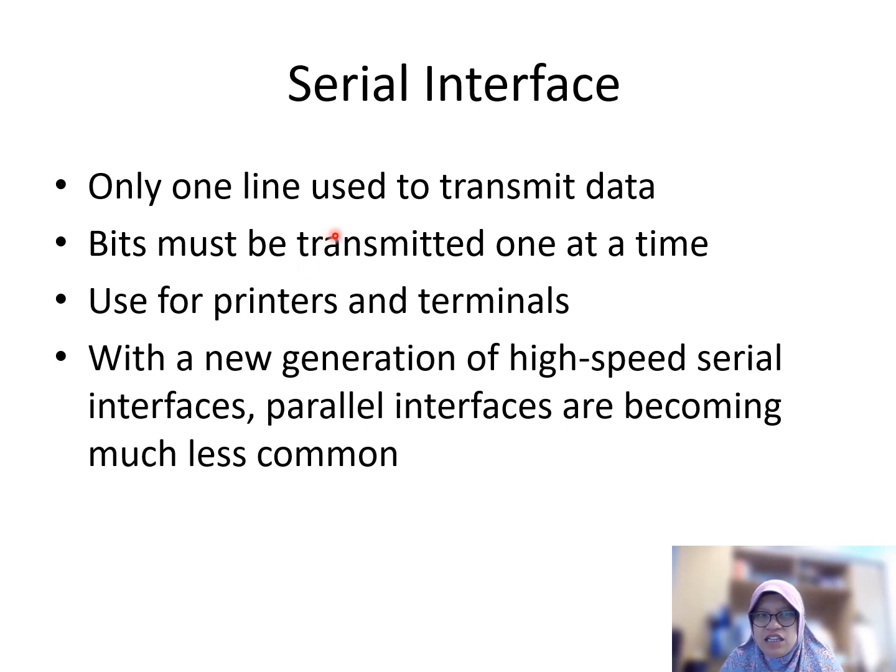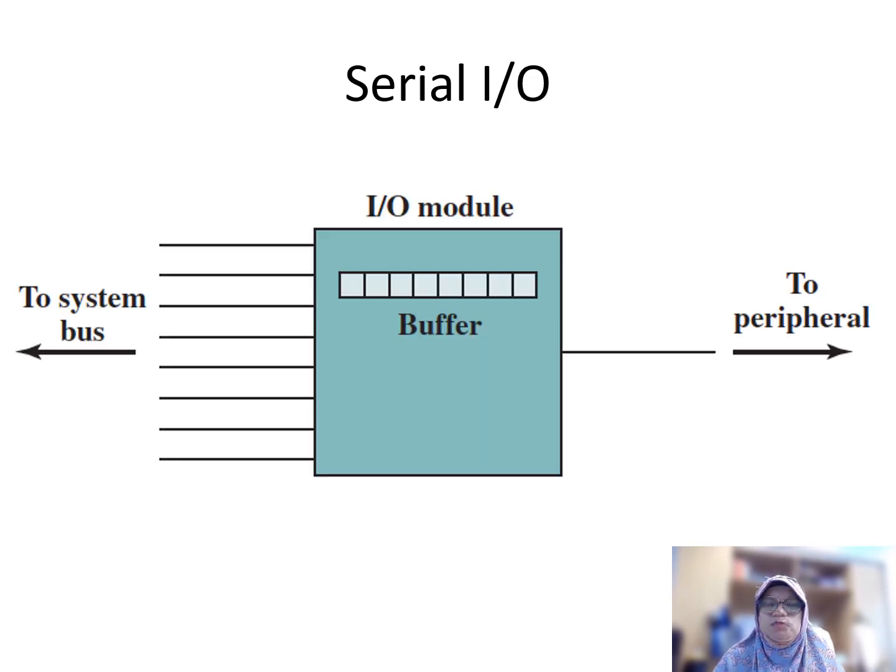Whereas the serial interface only has one line that is used to transmit the data. So bits must be transmitted one at a time. Usually they use it for printers and terminals. With a new generation of high-speed serial interfaces, parallel interfaces are becoming much less common.